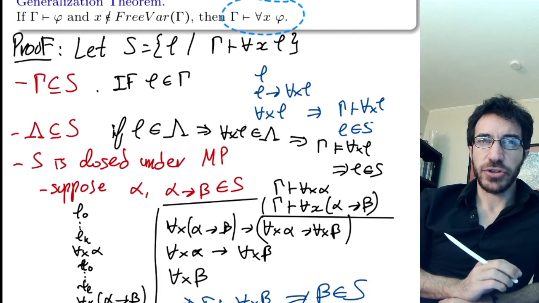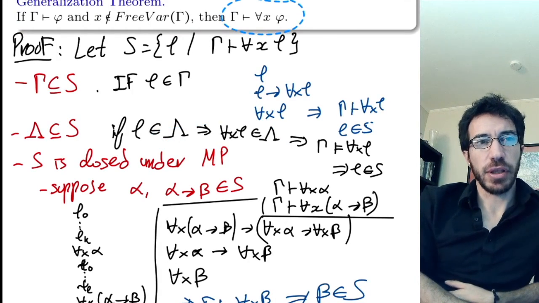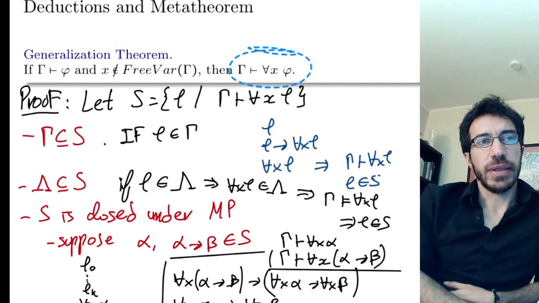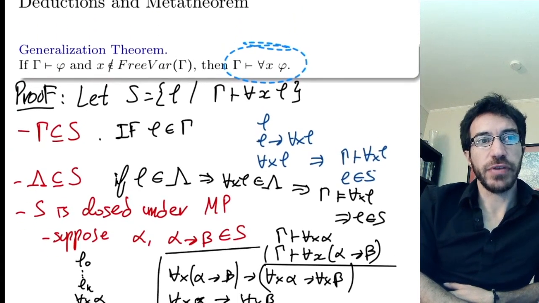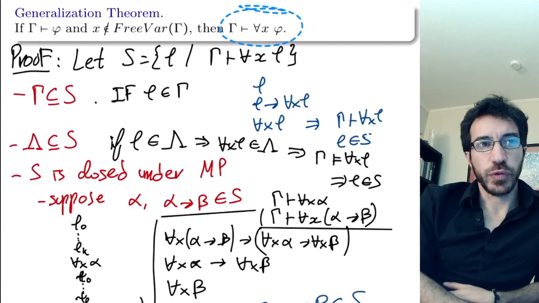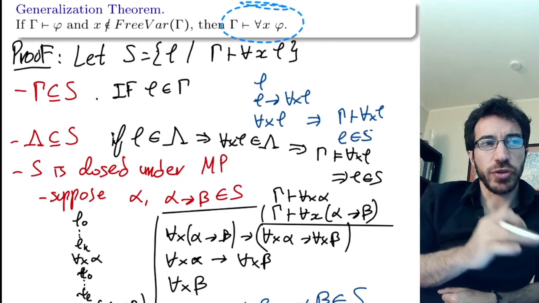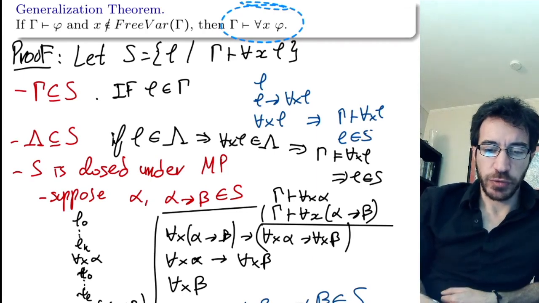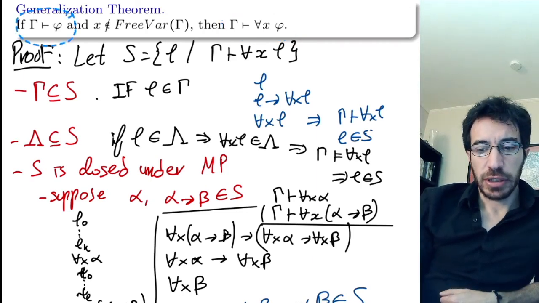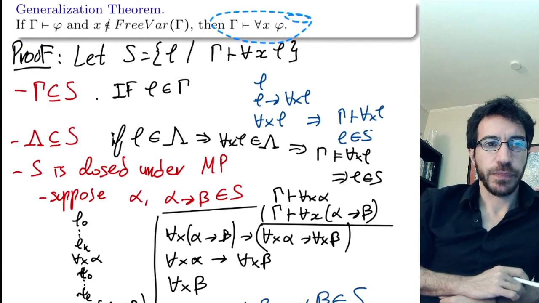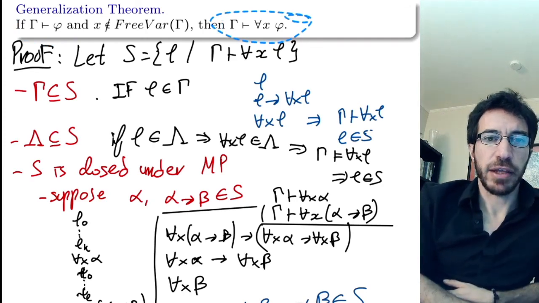So it's quite interesting that it's not just adding more things, but it's changing the whole proof, but it still works. Okay, so this is very useful when you want to prove something, because it kind of cleans up your proofs a bit, because now you can just prove something without the quantifiers up front, and you can add them at the end. Okay, we'll see more meta theorems in the next video.